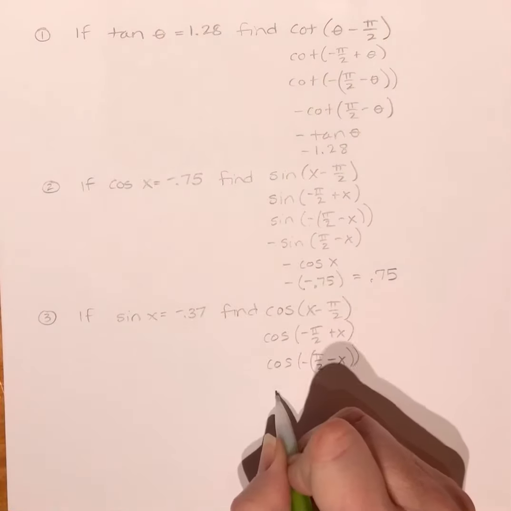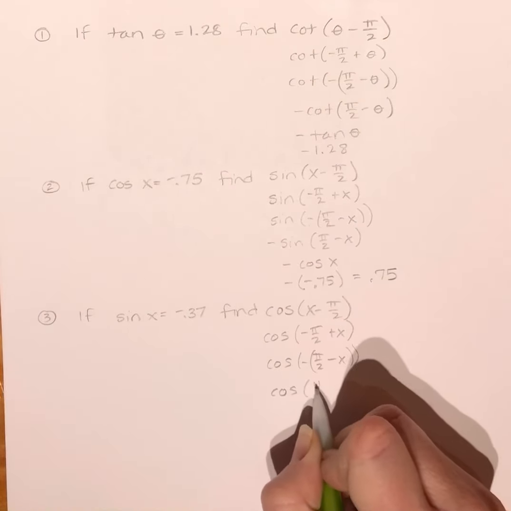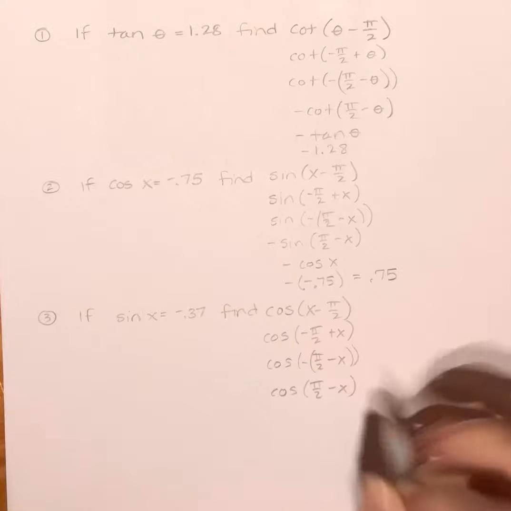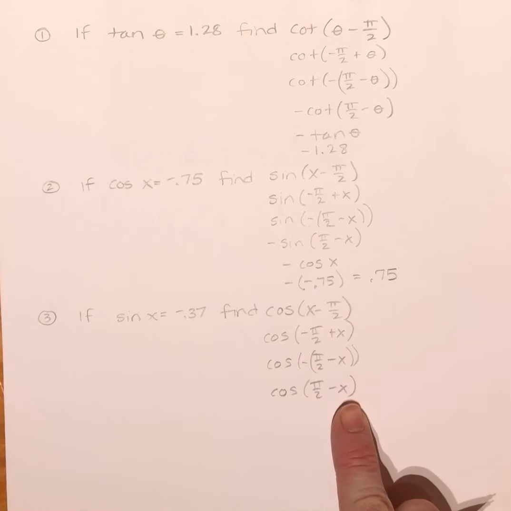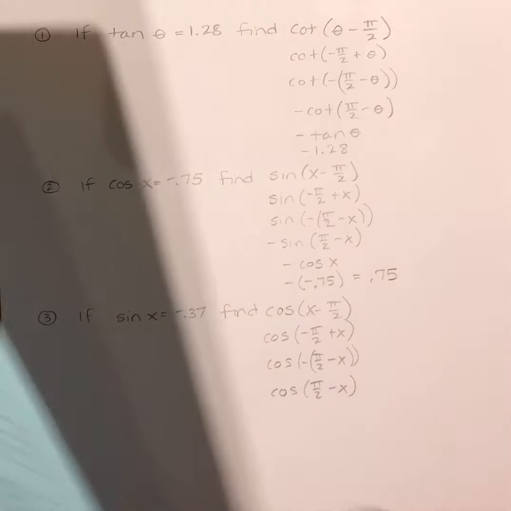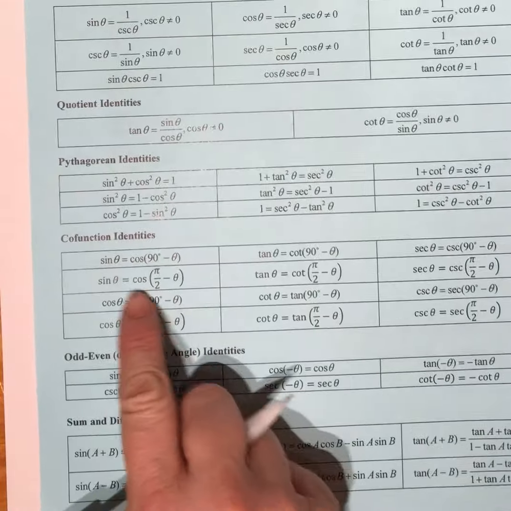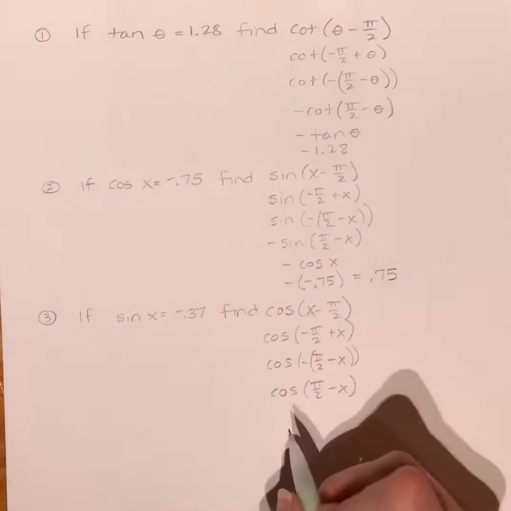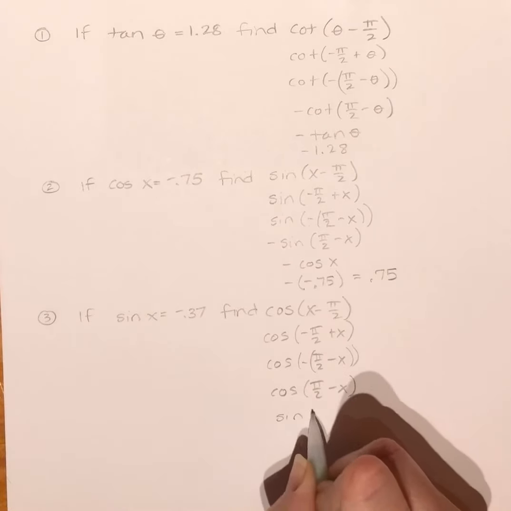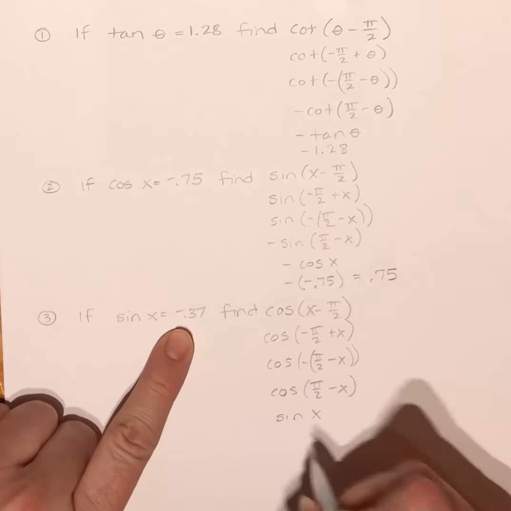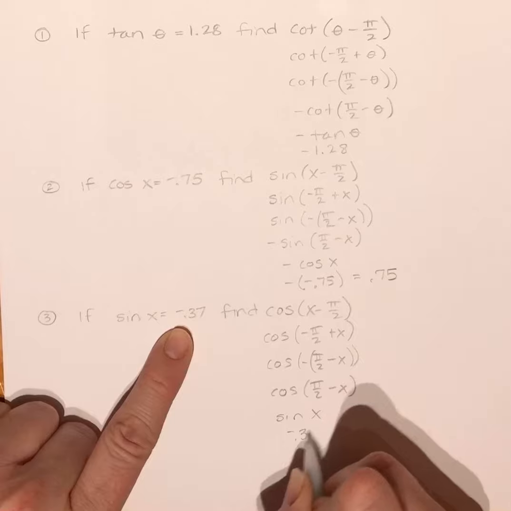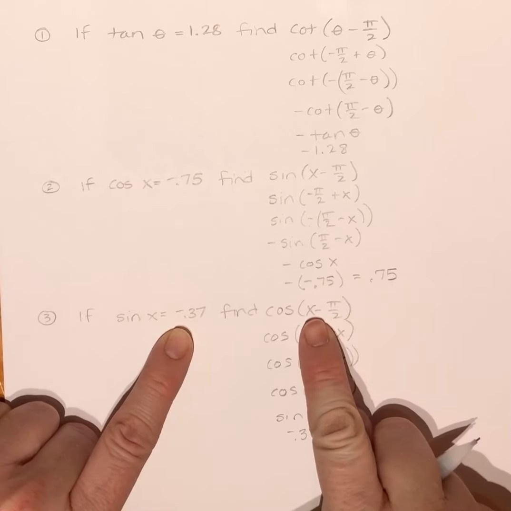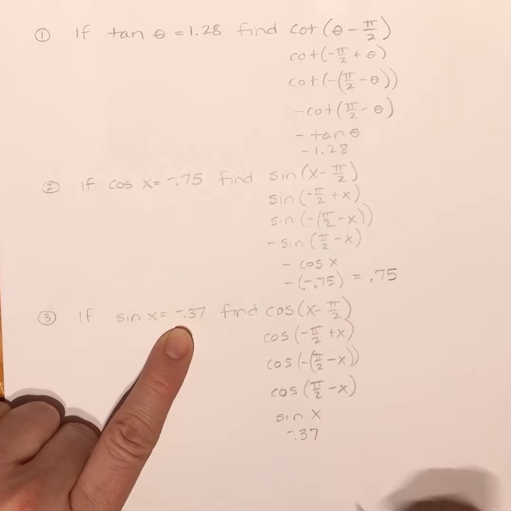So this is equivalent to the cosine of pi halves minus x. And the cosine of pi halves minus x is the same as the sine of x, and the sine of x is equal to a negative 0.37. So this is also equal to a negative 0.37.